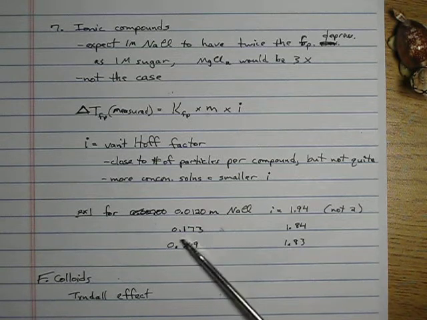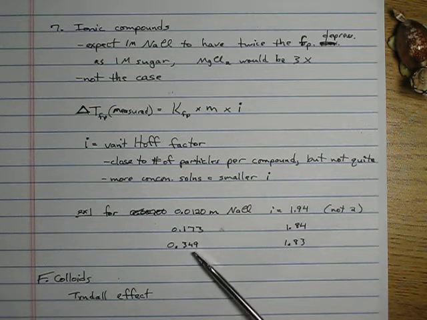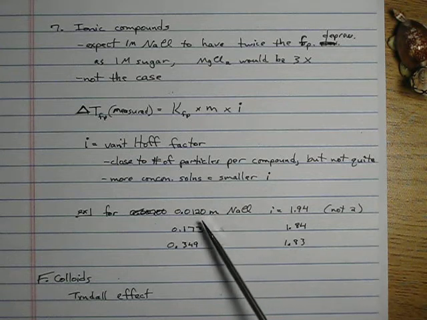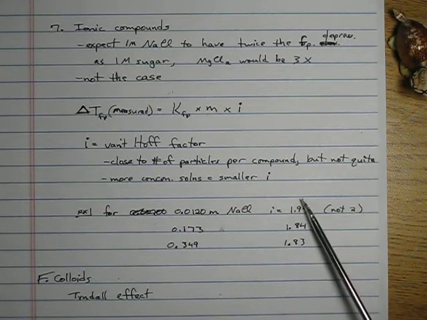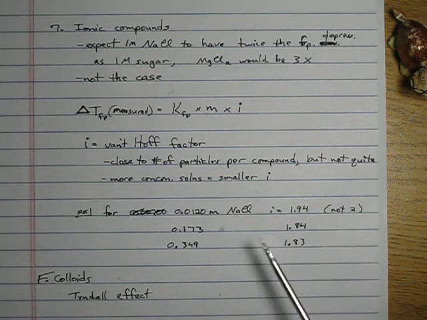Start bumping up the concentration more, 0.349 molar sodium chloride. Instead of 2, it is 1.83. Note also, as we see here, the more concentrated the solution is, the smaller the van't Hoff factor is, the further it gets away from where it should be, and always smaller.